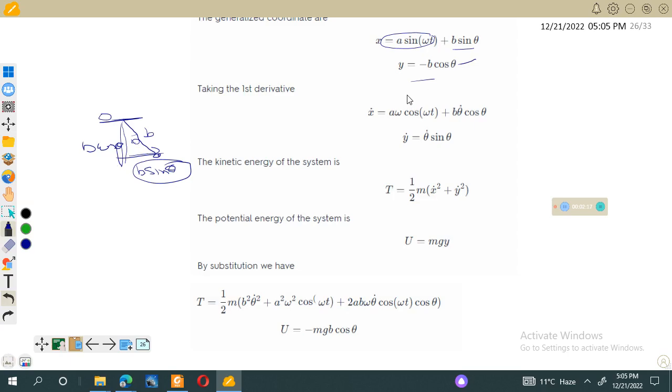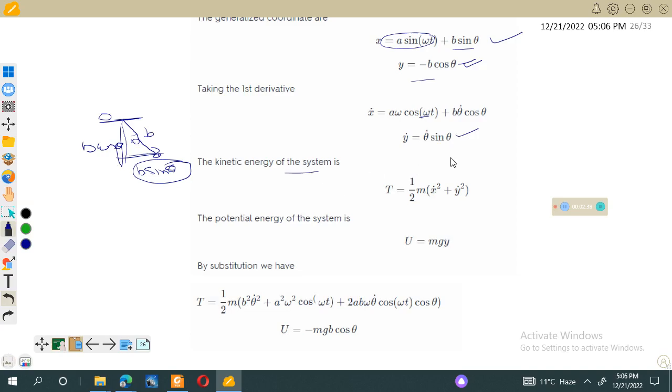When we take the time derivative of x and y, we will have x dot equal to a omega cos omega t plus b theta dot cos theta. Similarly, we can take the derivative of y with respect to t. y dot will be equal to b theta dot sine theta.